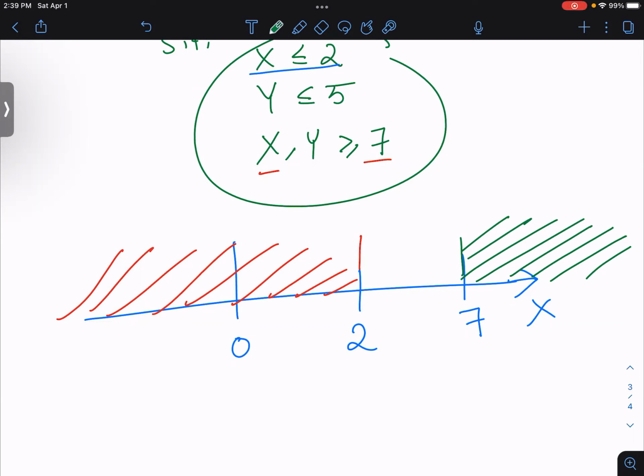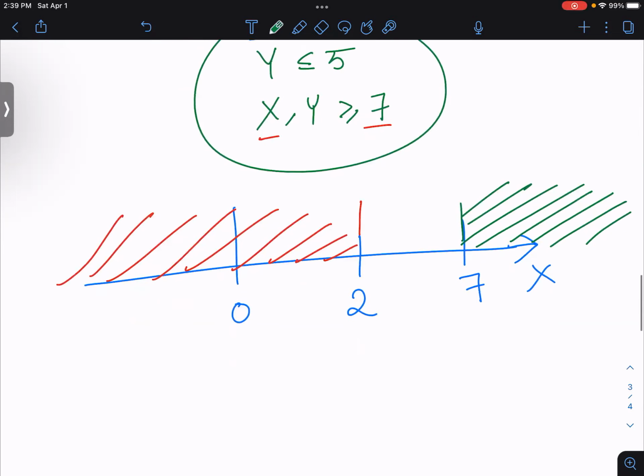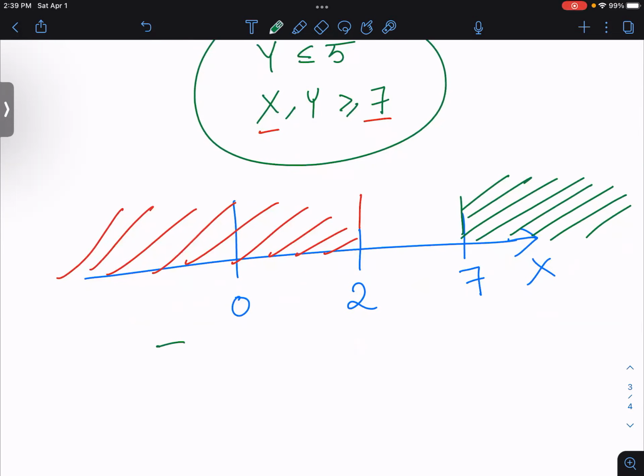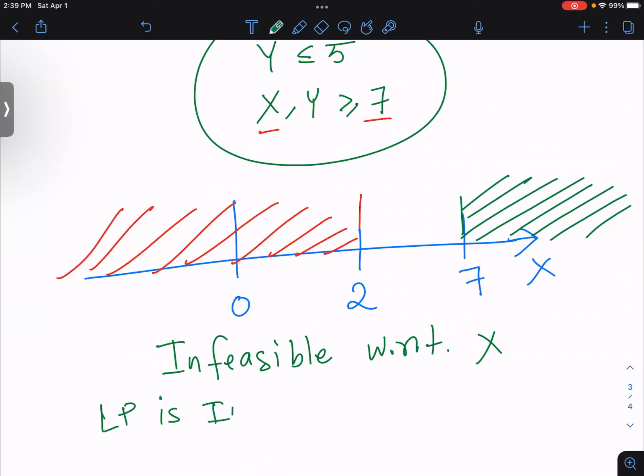So there is no way both constraints can be satisfied, which means this problem is not feasible, or infeasible, with respect to x. And if it's infeasible with respect to one of the variables, then it is infeasible. So this LP is infeasible. There is no solution to this linear program.